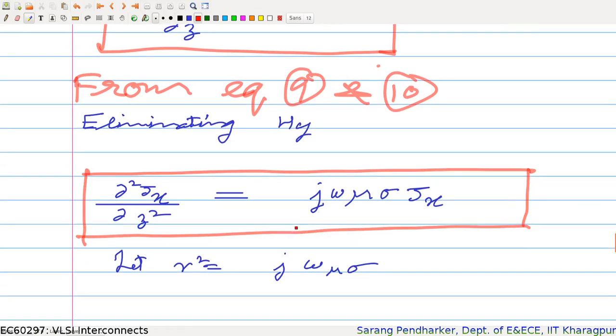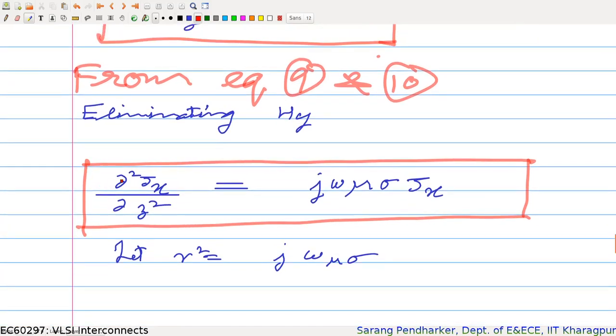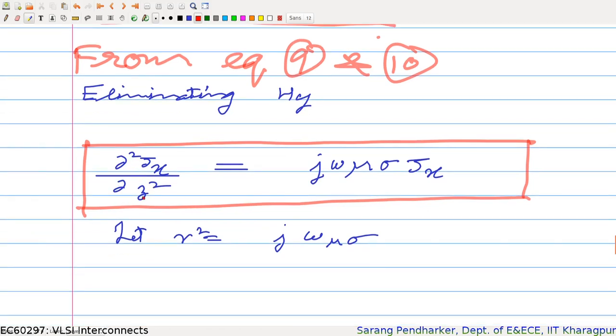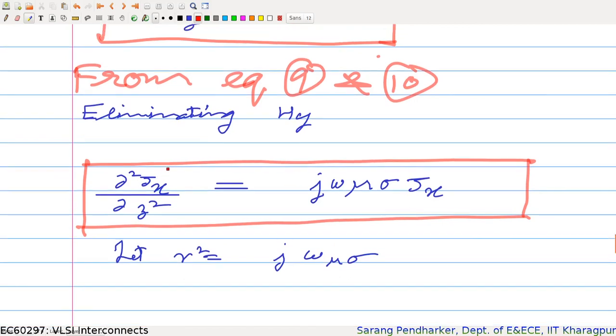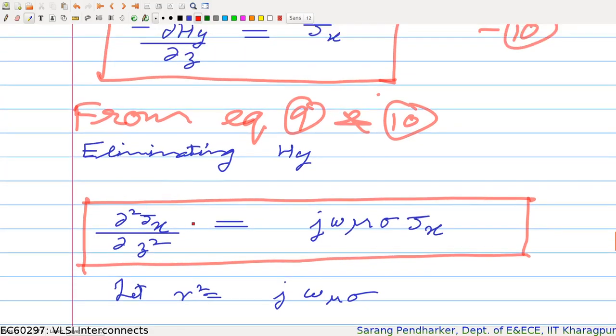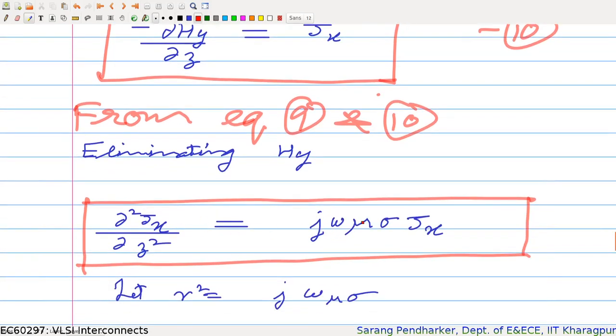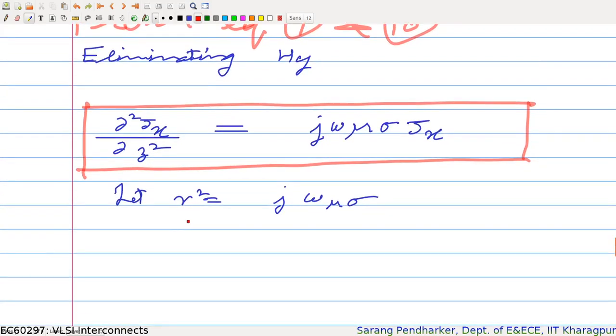From here we know how to solve it. I can replace this partial derivative with d by dz, because there is no variation along the y direction, and I'm also assuming a time harmonic case, so the derivative with respect to time has already been eliminated.